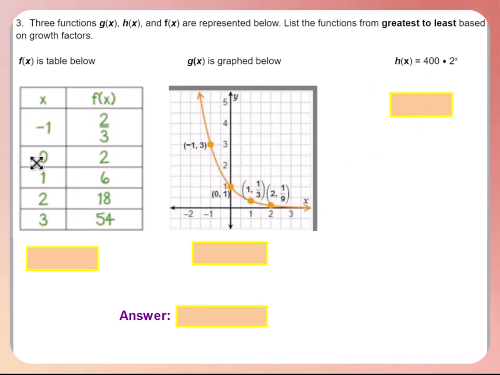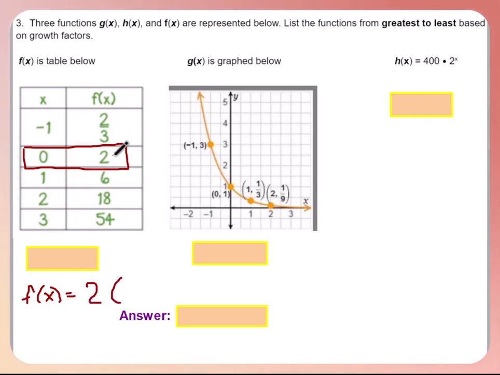We have 0 right here, so our initial amount is 2. Let me see if I can convert this to an equation or a function. So f of x is equal to the initial amount. So if we know when x is 0, what y is, that's our initial amount.